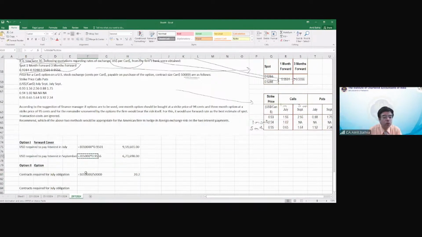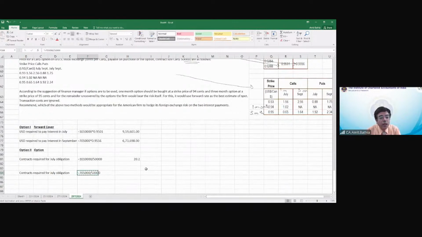No. So I'll obviously take 20 contracts, and it is mentioned in the question. What is being mentioned? If options are to be used, 1 month option, 3 month option are bought, and for the remainder uncovered by the option, the firm would bear the risk itself. So for the fraction parts, you don't need to take any cover.